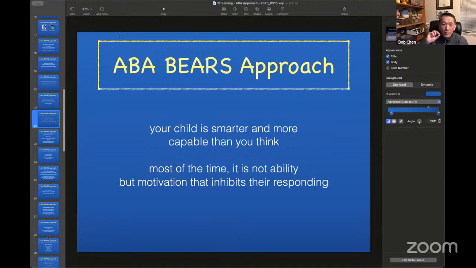And what you have to realize is that most of the time, it's not your child's ability that's inhibiting them. It's their motivation. They just don't care to respond. They just don't care to do the right thing. It's not, generally speaking, the ability to do something or not. It's the motivation to do those things.